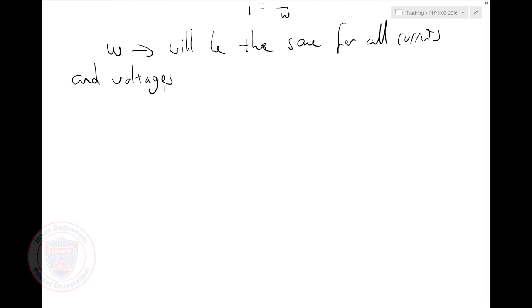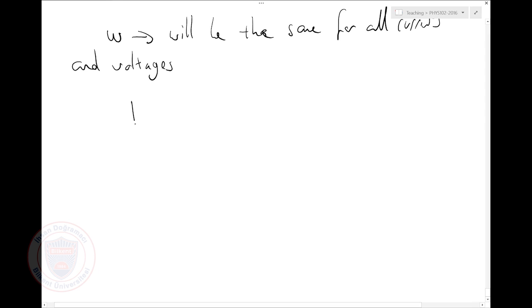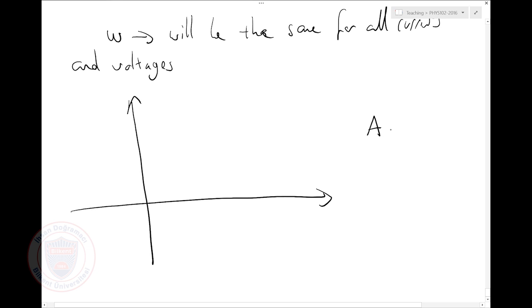Now, we've also said that all these sinusoids, so A cosine(omega t plus phi), can be thought of as the x projection of a vector.